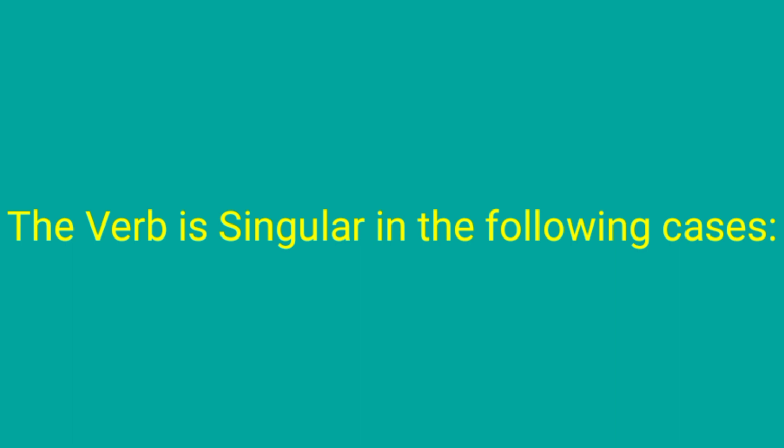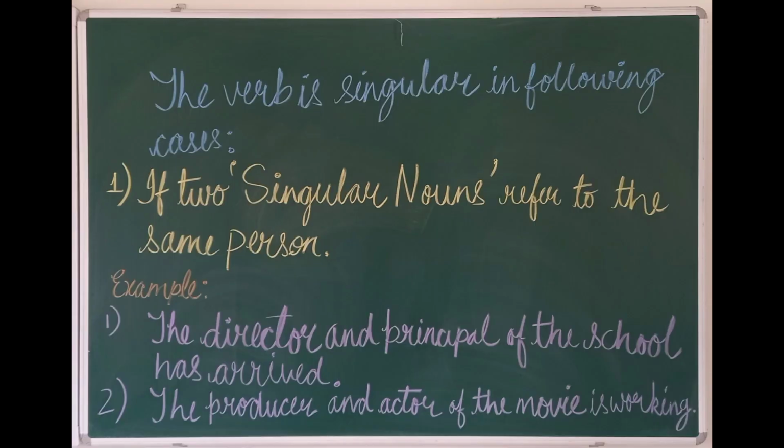Now, let us see different cases where we have to consider the subject as singular and use the singular form of verb. Number 1. If two singular nouns refer to the same person. For example, the director and principal of the school has arrived.